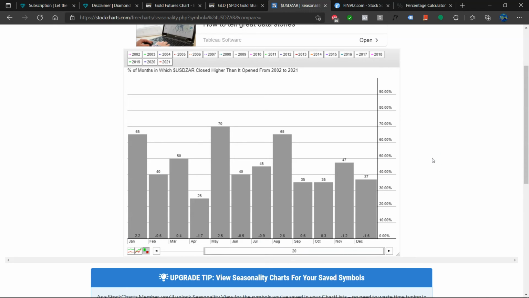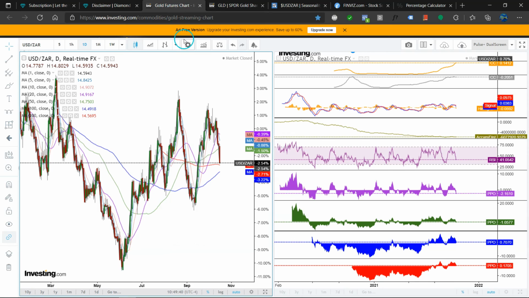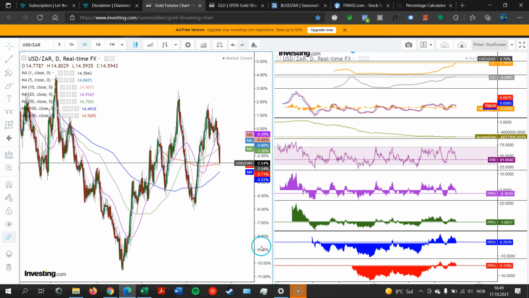So from October to November, we tend to see an increase in strength for the US dollar, but not roaringly bullish, because December is one of those mediocre months. But January is one of the strongest months. So the seasonality here is a bit messy, which is why I think the context is especially important.